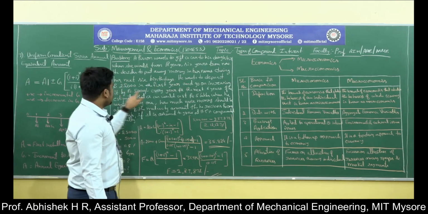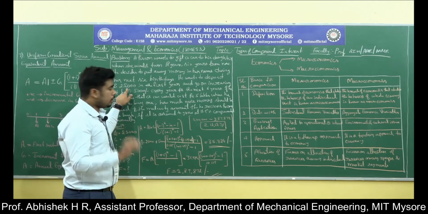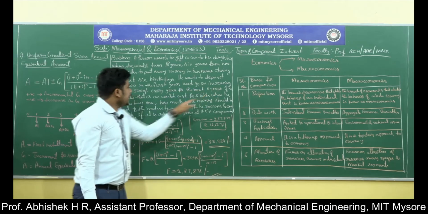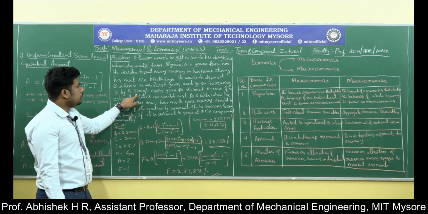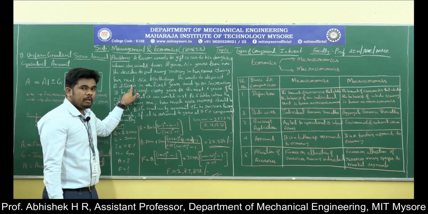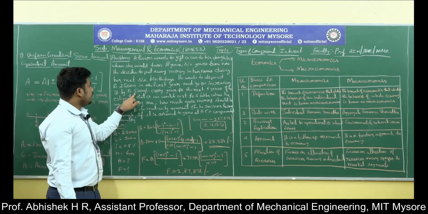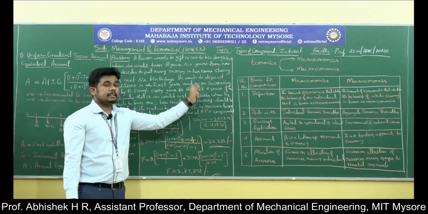He wants to deposit rupees 25,000 in the first year and go on increasing it by rupees 5,000. So the first installment amount will be 25,000, and then it will be increased by 5,000 every year for the next 6 years.